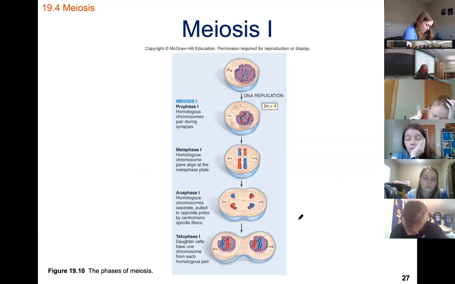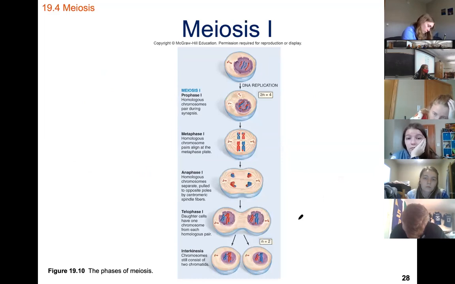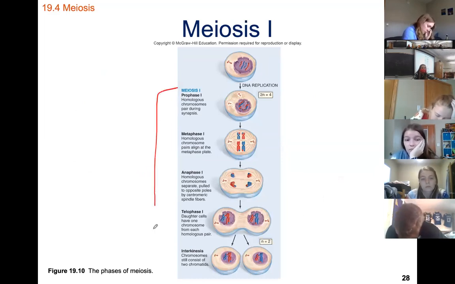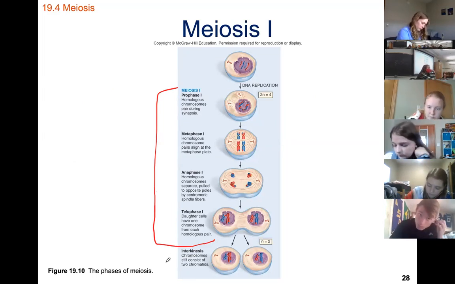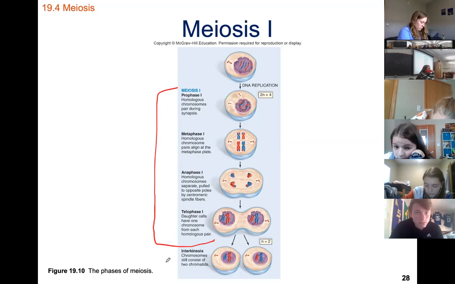So meiosis 1, then after telophase 1 here, so this first part here is very similar to mitosis. Now we have interkinesis, which is where the chromosomes still consist of 2 chromatids. So now we're going to get ready for that second division.